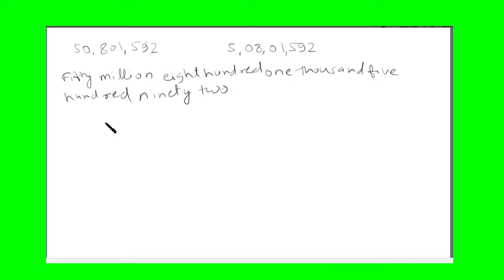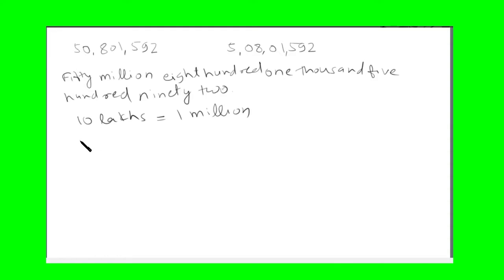Now, how many lakhs make 1 million? So 10 lakhs equal 1 million. 10 lakhs equal 1 million.